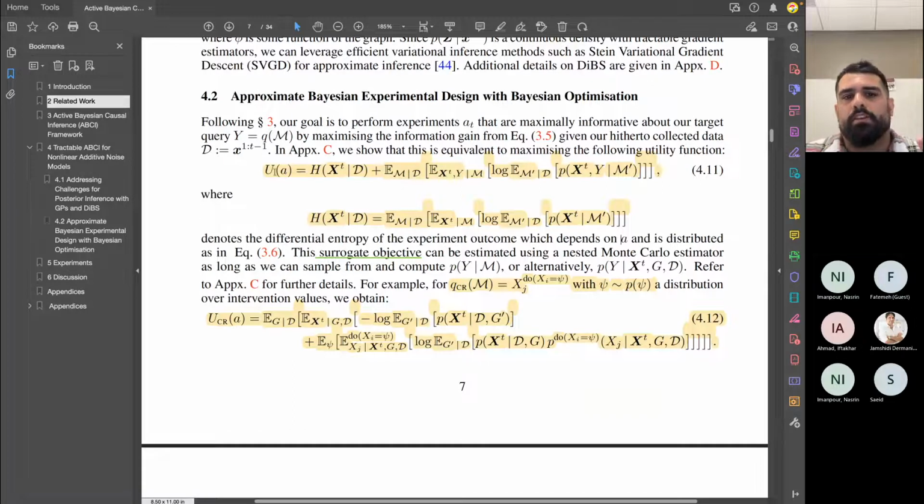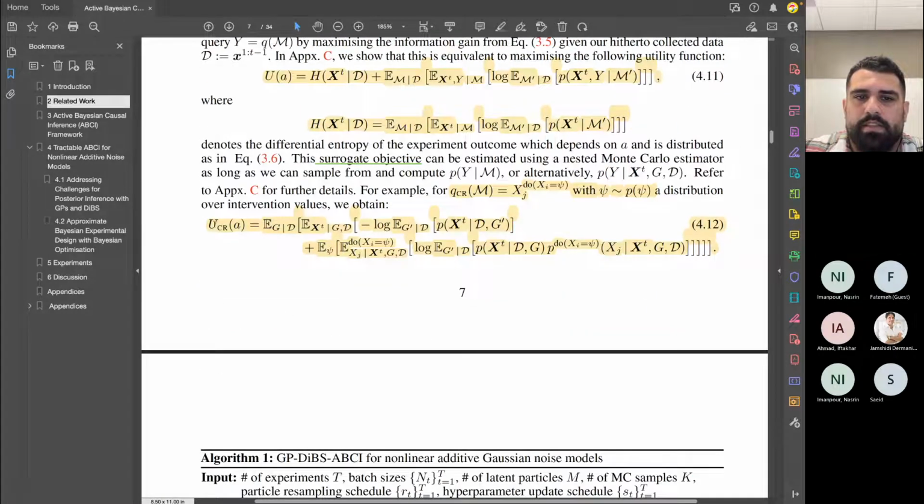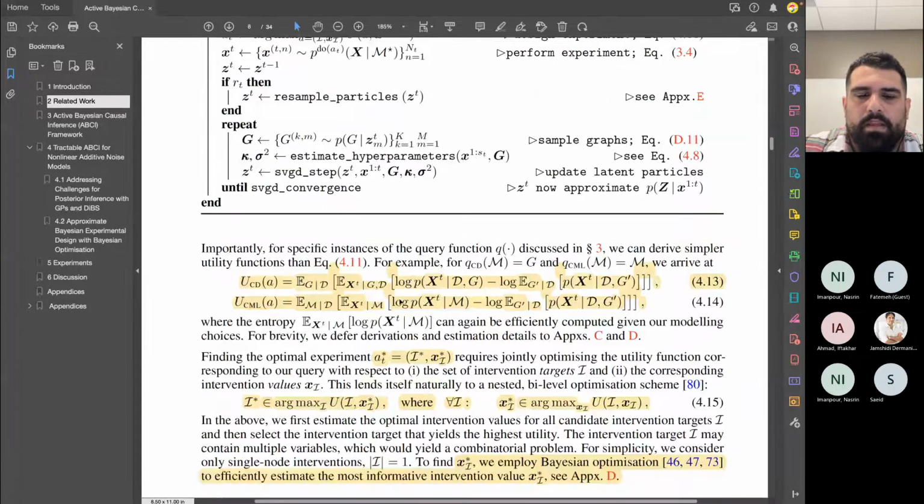So now merging this utility function with the causal queries that they showed, they produce these different types of utility functions. UCR is the utility function for causal reasoning, for example, and this is how they show the equation here. And they have different types they perform experimentation on.